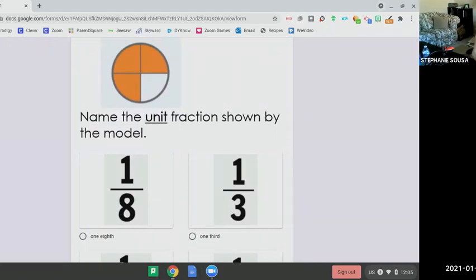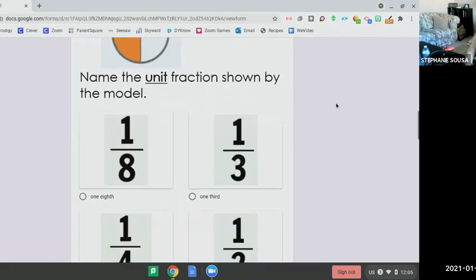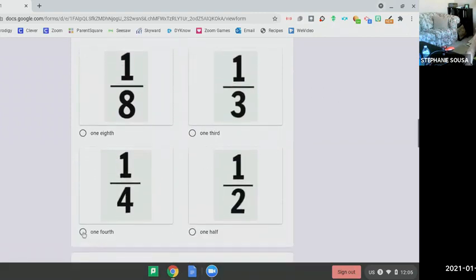Good thing I have a trusty dusty notebook. 1 part of a whole, 1 part. Looking at this fraction, there are 4 parts. 1, 2, 3, 4. One of them is called 1/4 because there are 4 parts.